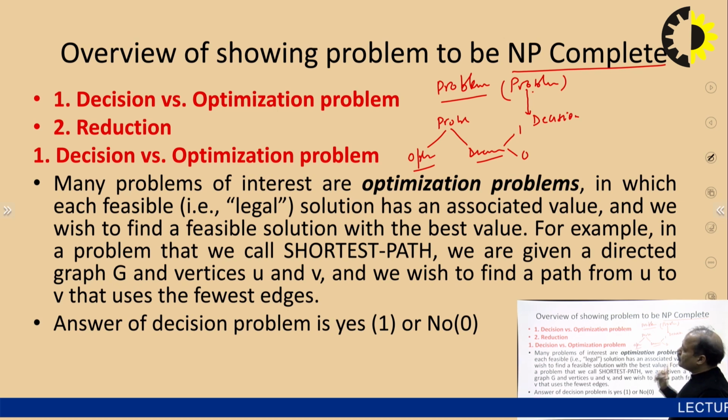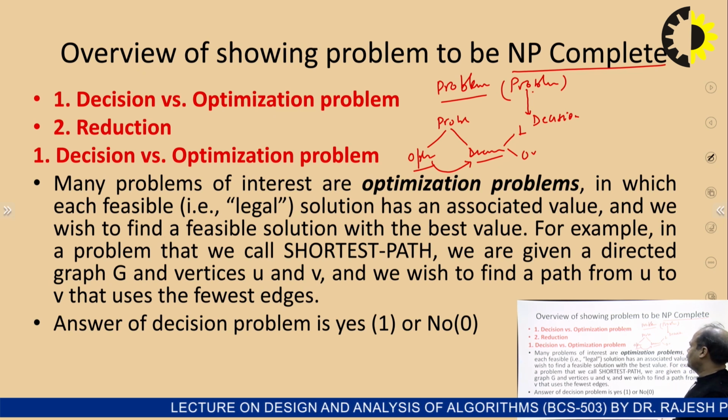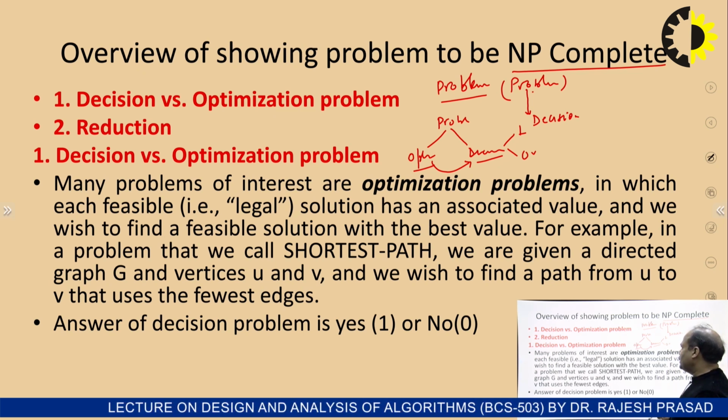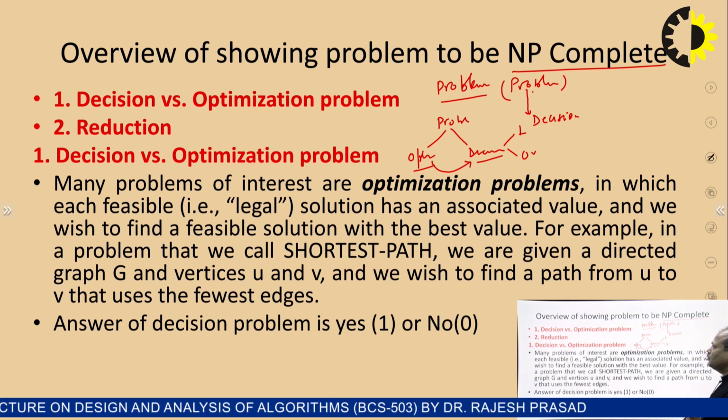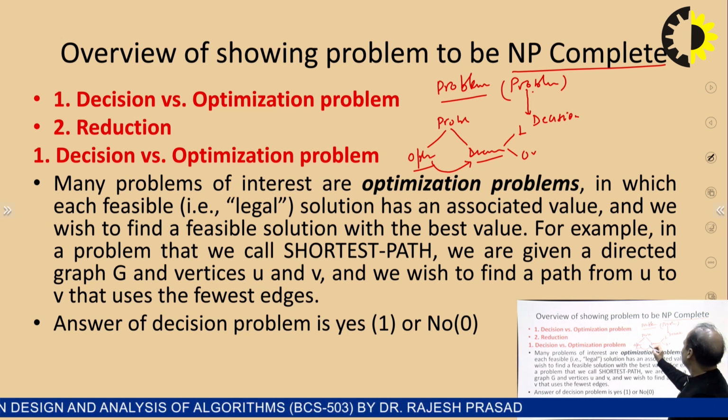So the first step in NPC is to convert any optimization problem to a decision problem. Our objective is simple: whether the problem can be solved in polynomial time or not. So the answer is 1 or 0. We are not interested in the optimization problem, so first, reduce the problem to the decision one.